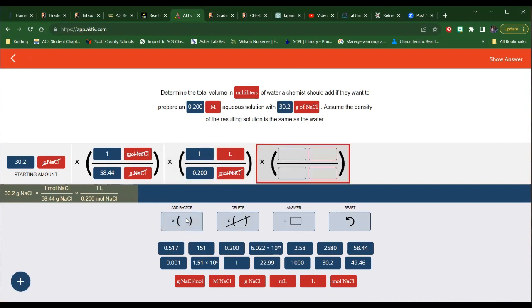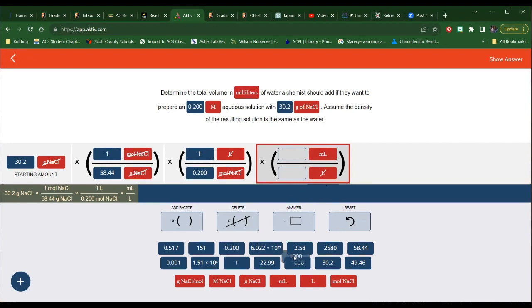So we're going to add another factor. And so we are going to put milliliters on top and liters on the bottom. I put the unit I want on top, milliliters, and I put liters on the bottom so it will cancel over here. Okay, so I can convert between liters and milliliters, and that's just a factor of 1,000.